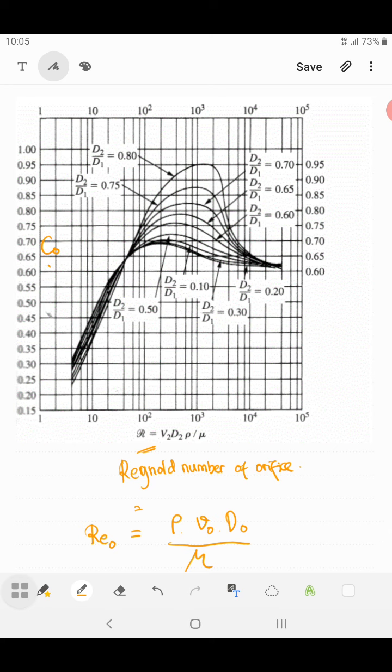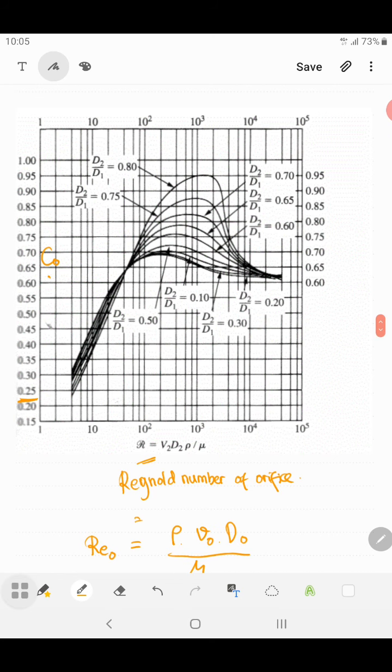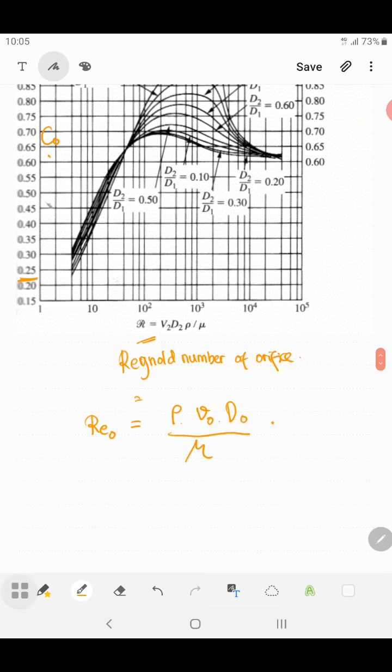The value is from 0.25 up to 0.95 at the maximum. So how can you read the coefficient of orifice? First, of course, you have to calculate the Reynolds number.